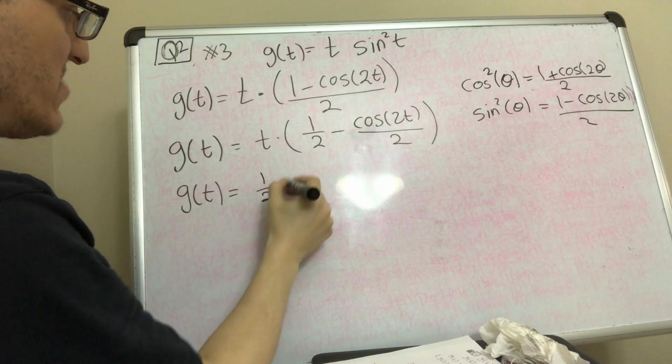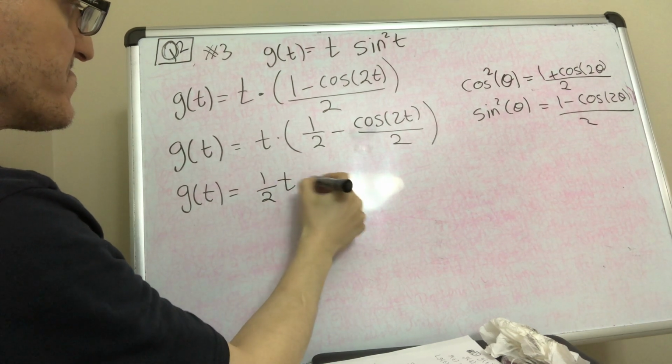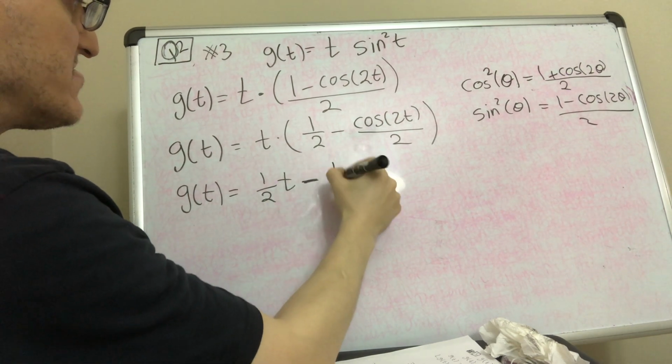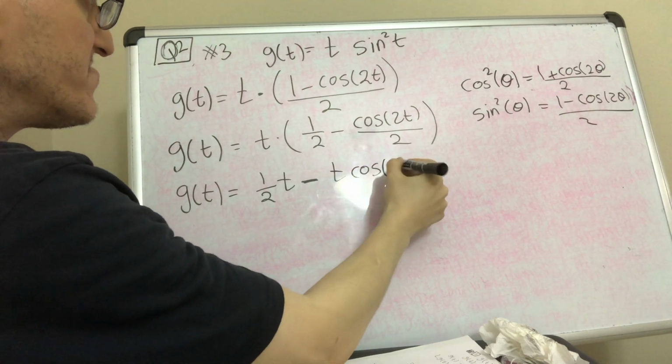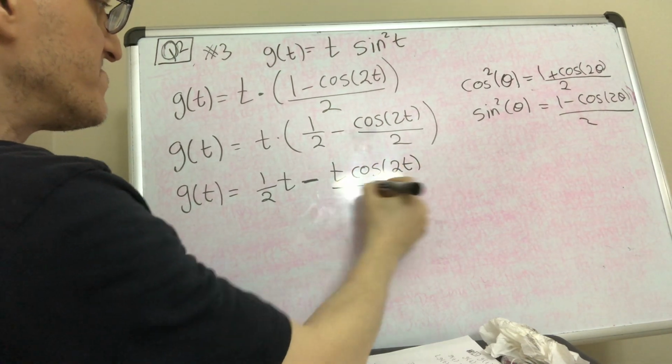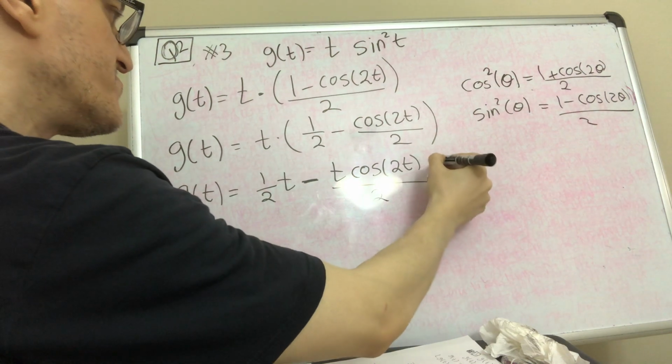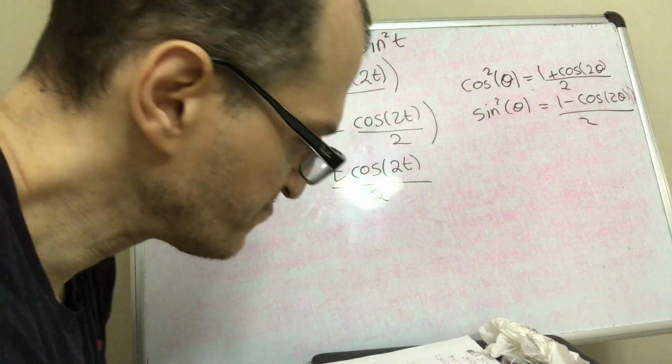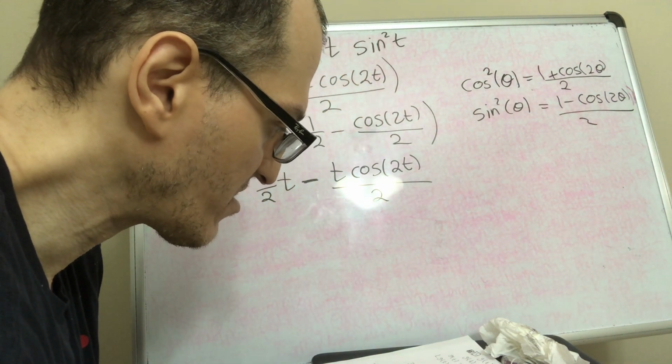This is 1/2 of t, minus t cosine of 2t over 2. Okay.